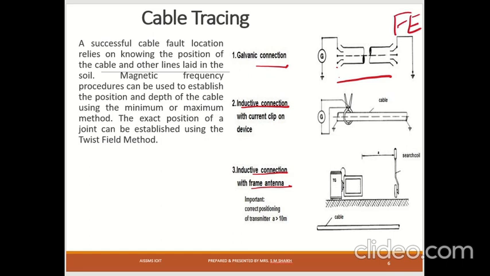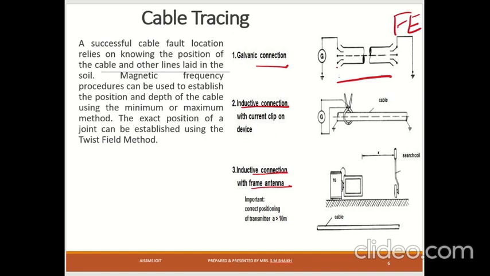Now if there is continuity between the conductors, then the galvanometer shows null deflection. So that means there's continuity, and we can trace the conductor in that sense. But this is not a very foolproof method and it requires a lot of time.